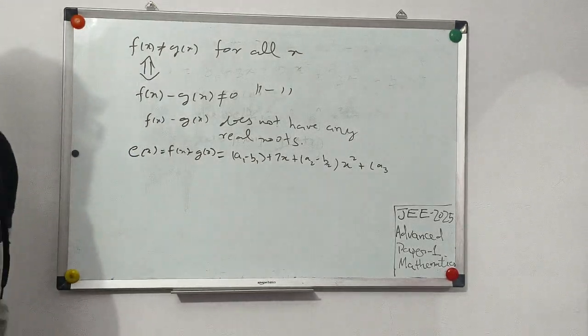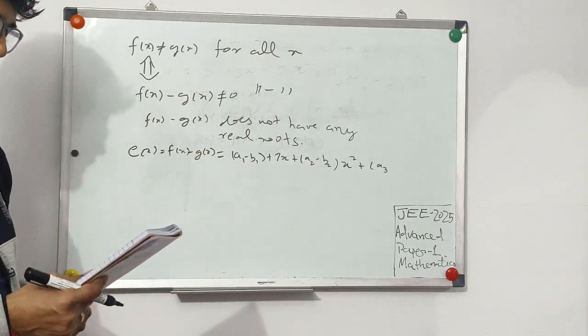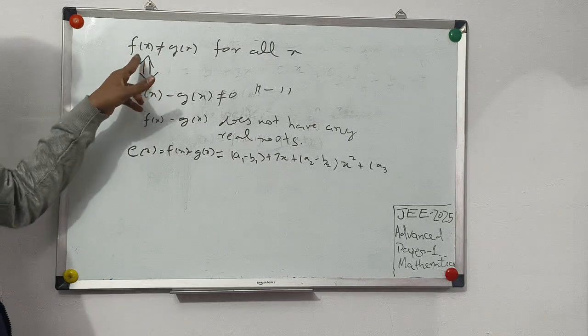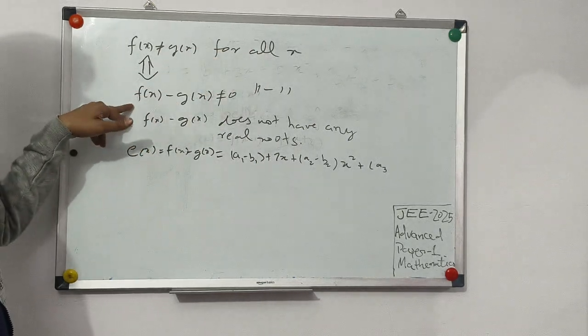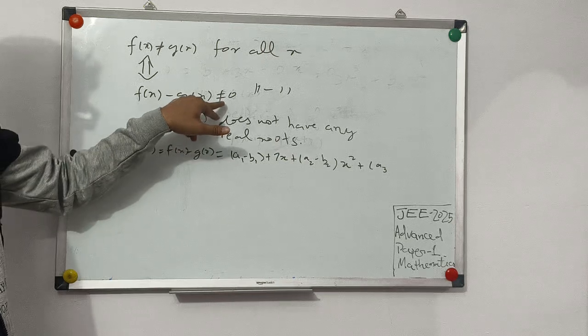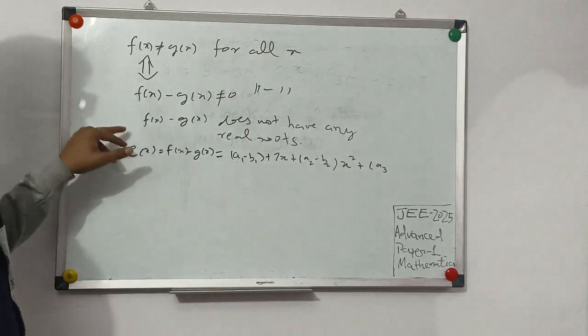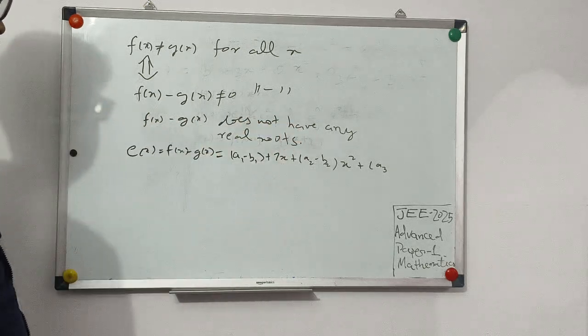Okay, so everyone has seen the question and noted it down. So what we have is f(x) is not equal to g(x) for all x, which is equivalent to f(x) minus g(x) is not equal to 0 for all real x, which means f(x) minus g(x) does not have any real roots.